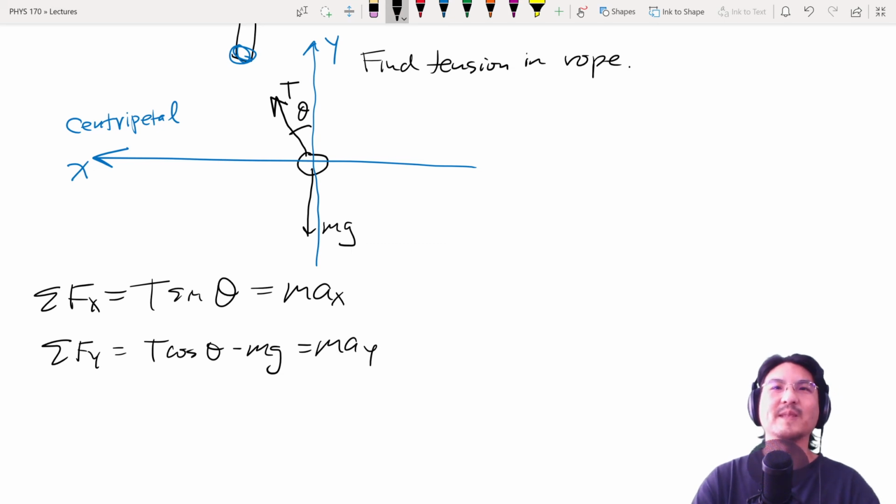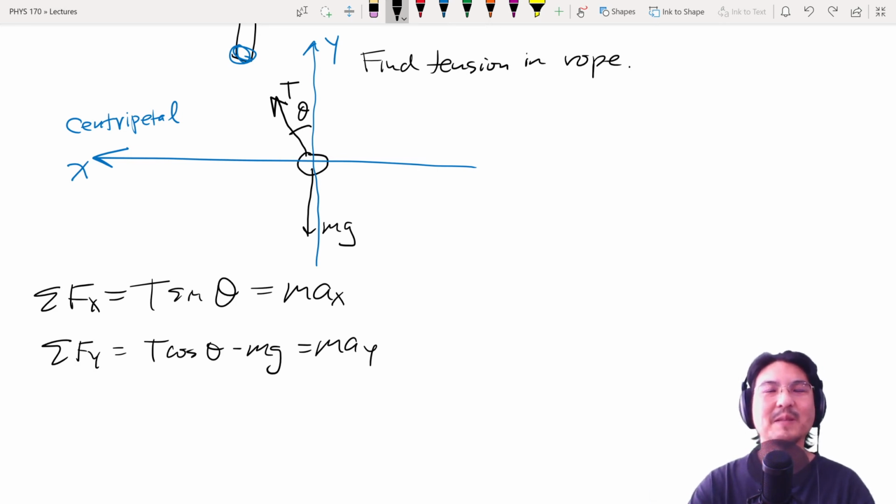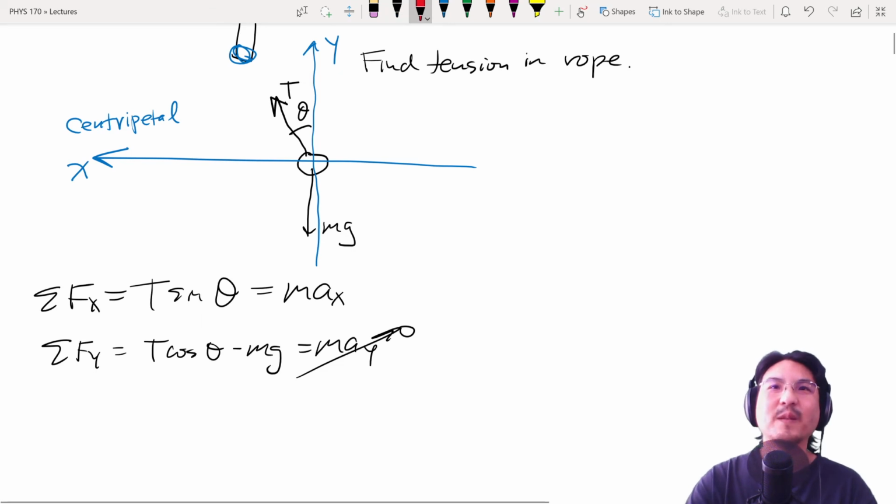Okay, and since I know that it's going in a horizontal circle, in the x direction and in the z direction, it's certainly not moving in the y direction. So I'm going to cross this out. Furthermore, this acceleration is centripetal.